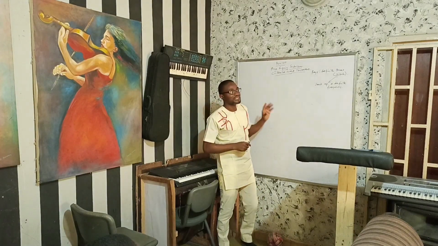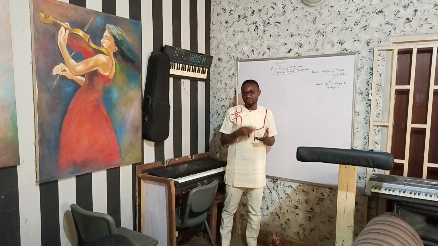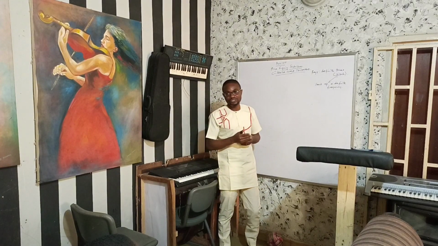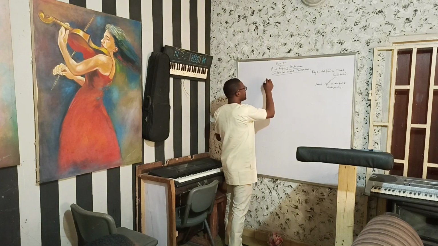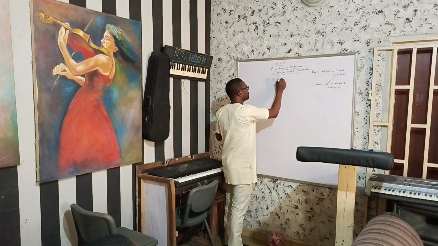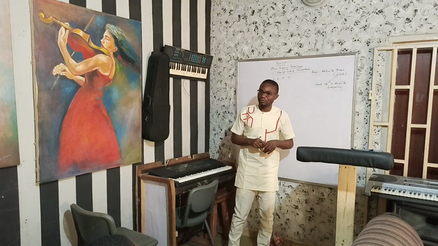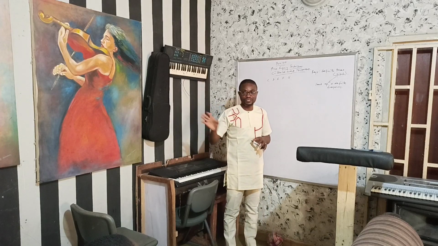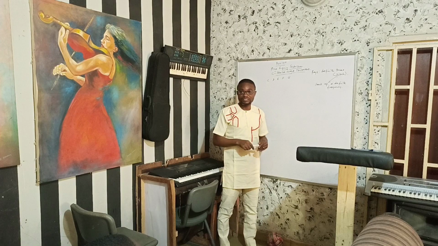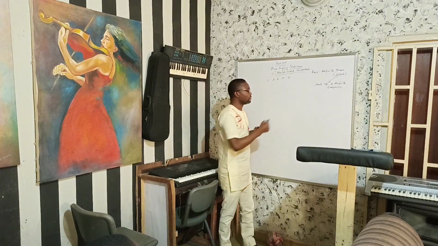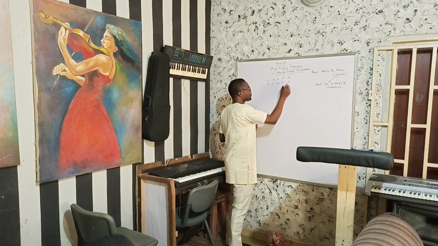Now, the pentascale is a scale or series of 5 notes, just the first 5 notes. In this case, for C pentascale, it would be C, D, E, F, and G. It is different from the pentatonic major or pentatonic minor scale. They are different. Pentascale is simply do, re, mi, fa, sol in the melodic tone of the pentascale.